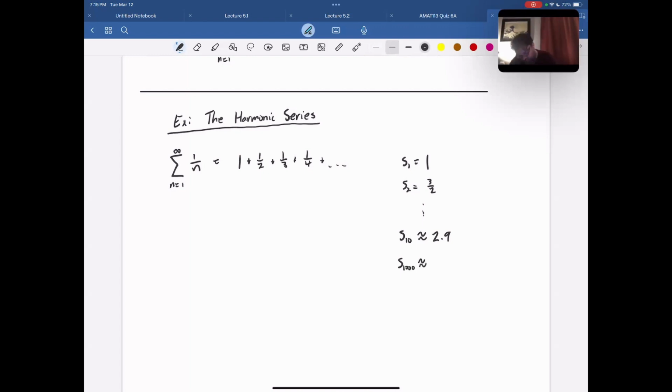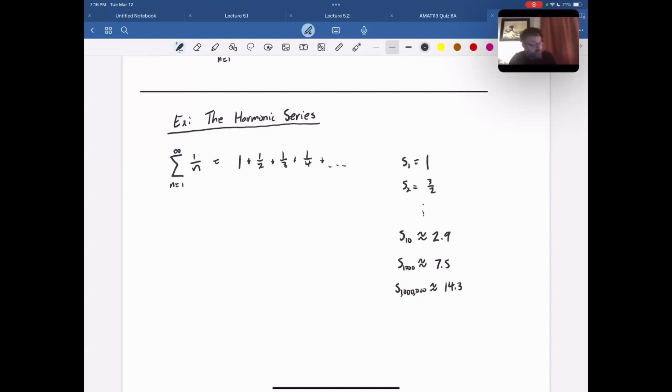S1000 is approximately 7.5. And S sub 1 million is just about 14.3. Right? So it is growing very slowly.